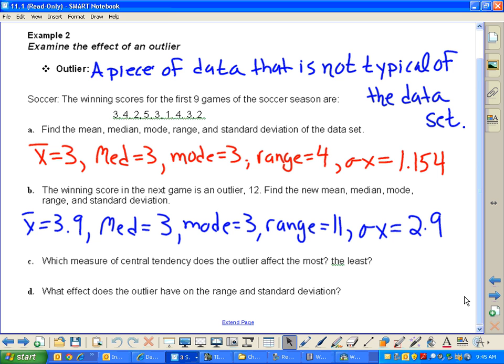Go ahead, Izzy. Central tendency, mean, median, or mode. The mean was affected the most. You are correct. If you have a high outlier, it's going to yank that average up. If you have a really low outlier, it yanks it down. The least would have been our mode. And then for central tendency or standard deviation, both were affected.